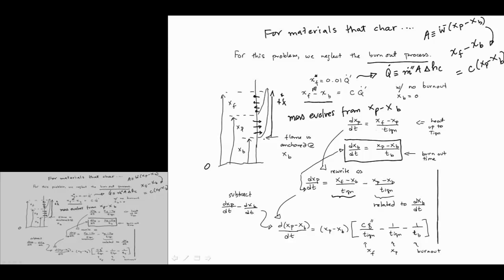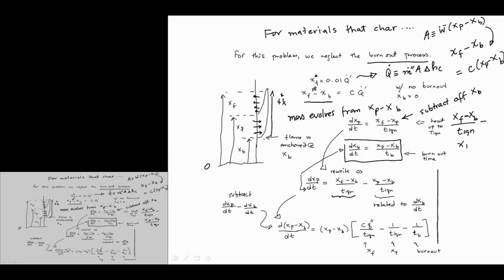So when we write this xf minus xp, all we're doing is subtracting off xf minus xb over T ignition minus xp minus xb over T ignition.